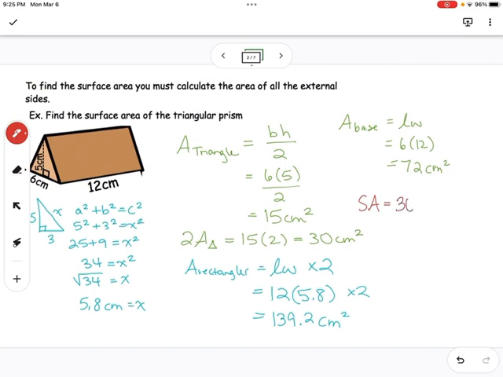So we have our 30 centimeters squared plus our 72 plus our 139.2. 30 plus 72 plus 139.2 gives us 241.2 centimeters squared as our total surface area for the triangular prism.